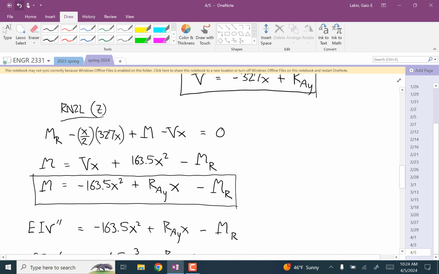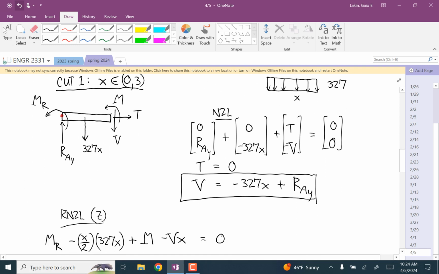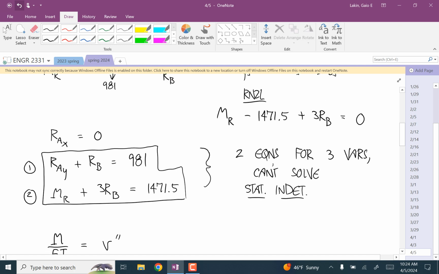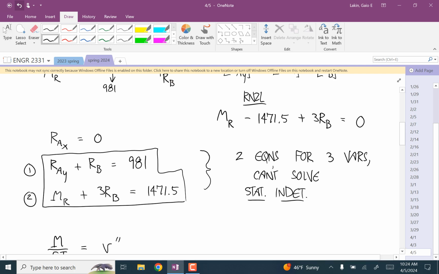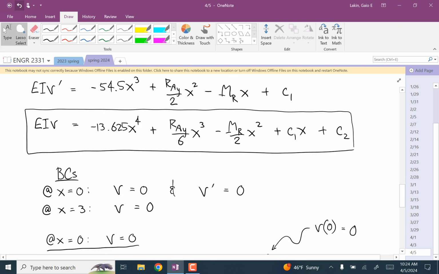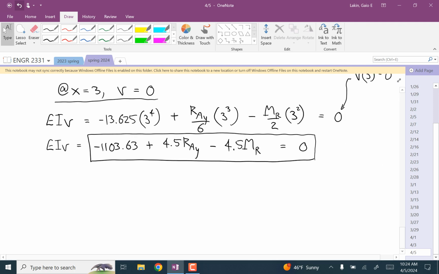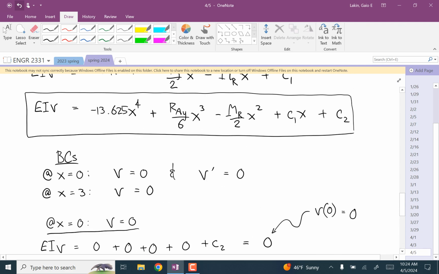So we have now our two statics equations, and this third equation. And now we can solve that as a system.